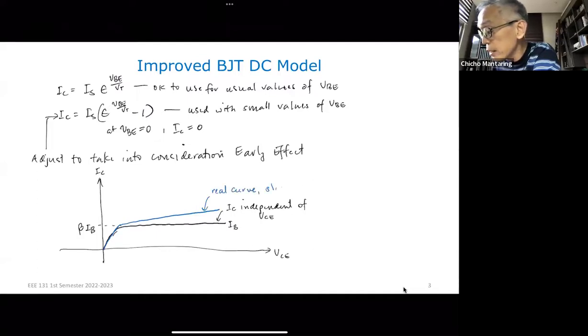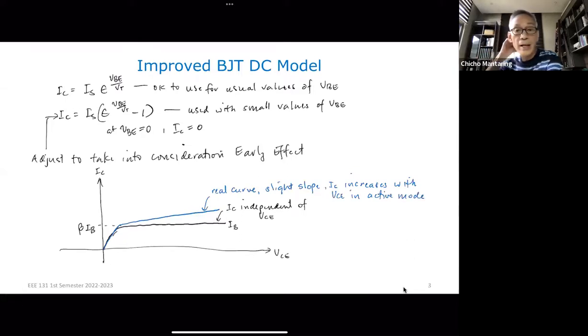In other words, IC increases with VCE in the active mode. And this is what we call the early effect.